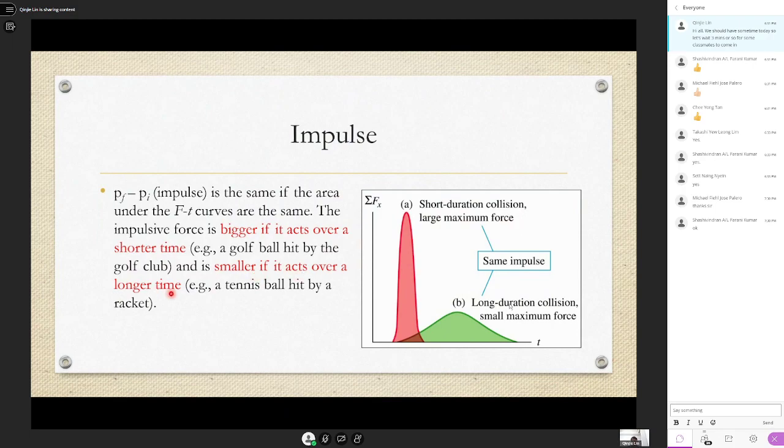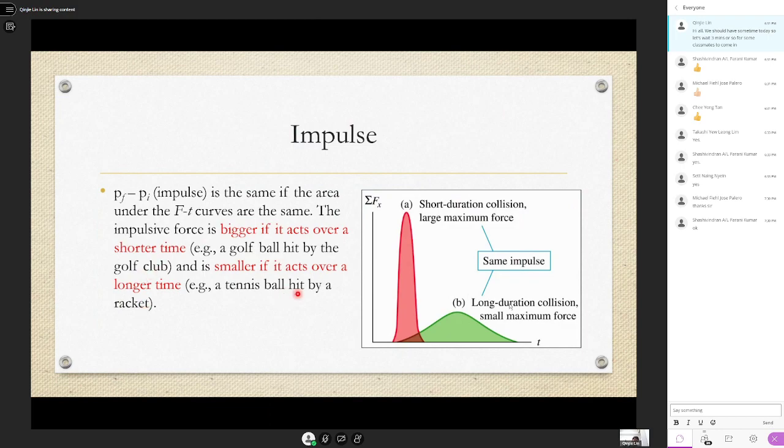So the same impulse means the same change in momentum, right? If you act over a longer time, the maximum force that you will reach is much lower. This one, the force sustained is so high. This one, the force sustained is much lower. Why this example? Because a tennis ball is already softer than a golf ball, correct? And a racket is also much softer than a golf club.